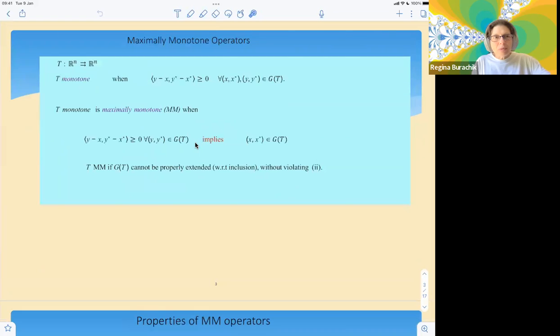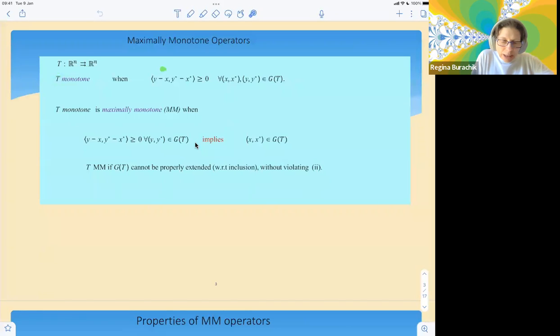Okay, so what we have seen until now were definitions that concern every point-to-set map. So what happens when we know a little bit more about these maps? A maximally monotone operator is an operator that satisfies a property of monotonicity.